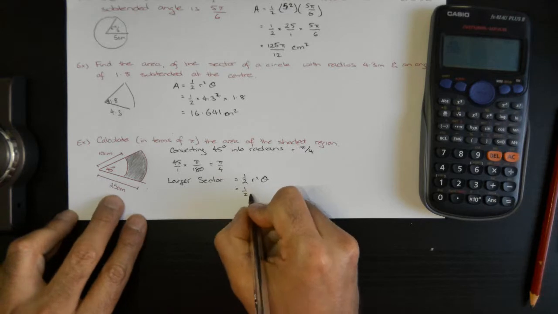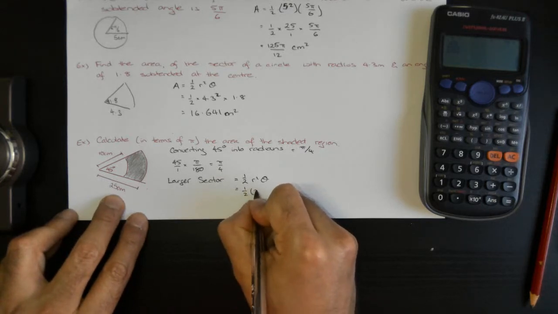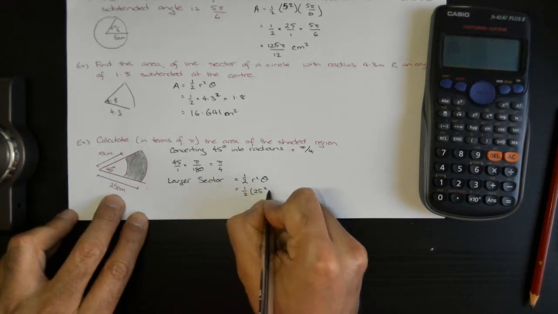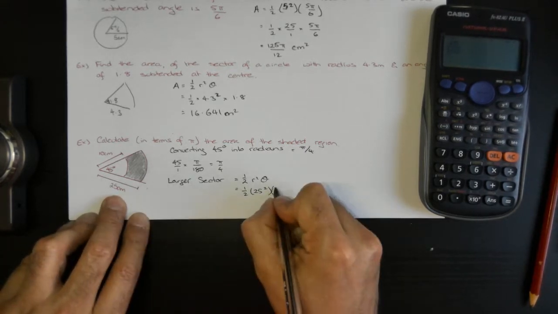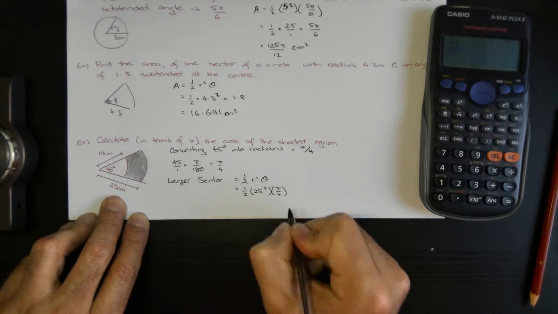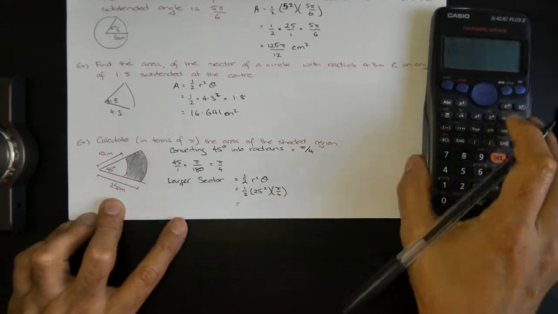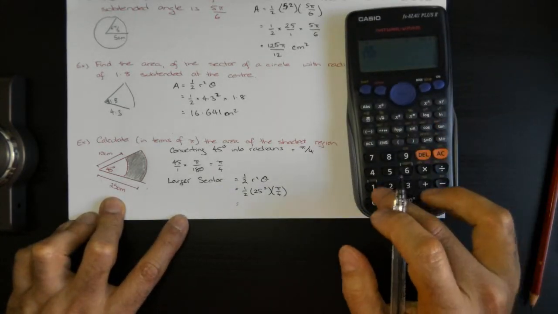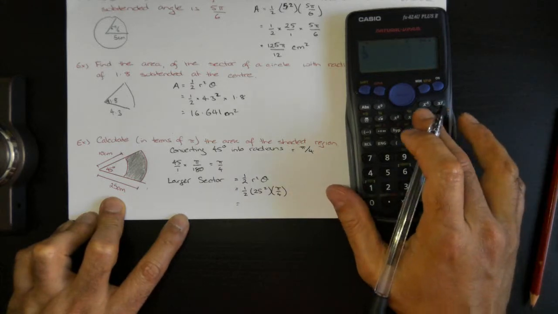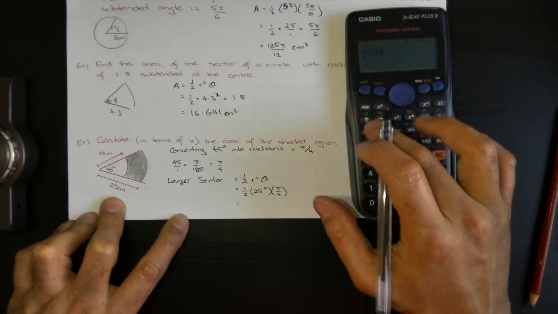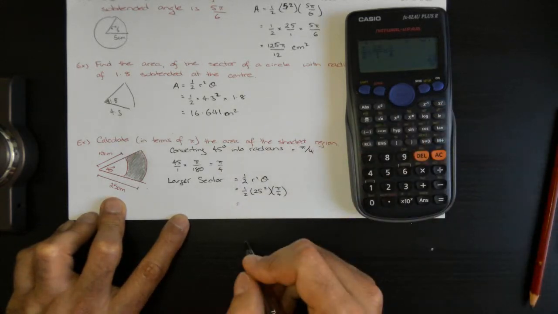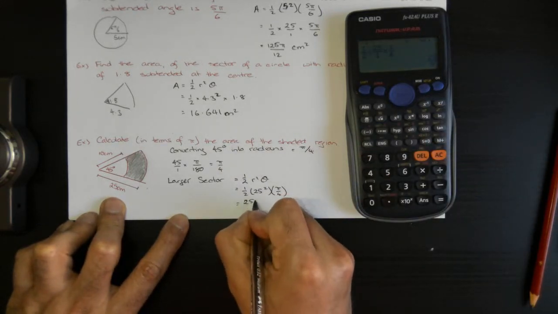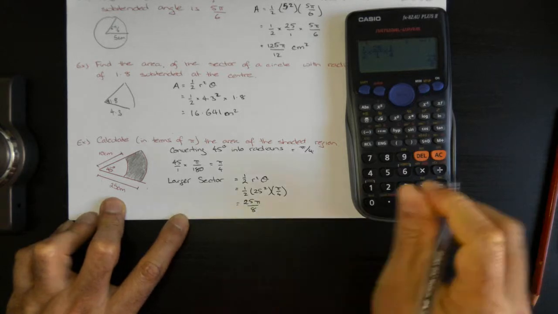So the larger sector has a radius of 25 and an angle of pi over 4. So a half times 25 squared over 1 times pi over 4 gives 625 pi over 8.